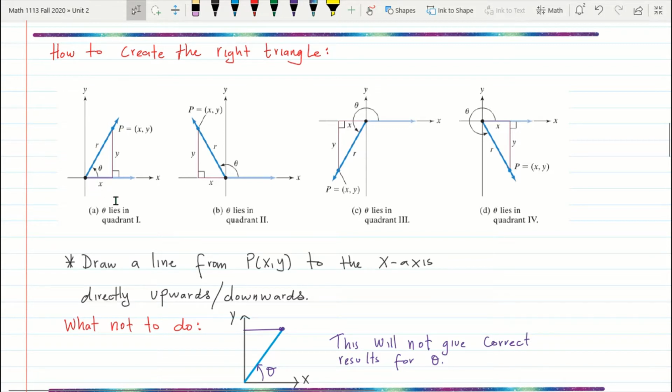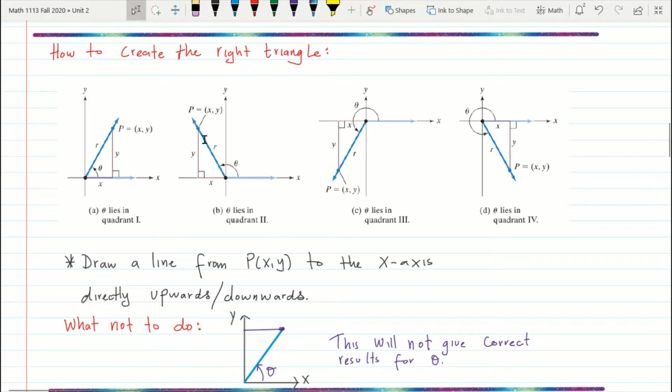This right here is the distance x, this right here is the distance y, and then right here is the distance r. Now what if your point is in the second quadrant, like right here? Well, you do the same, right? You draw a line from the origin out to the point. Now you're going to draw a line that intersects perpendicularly with the x-axis.